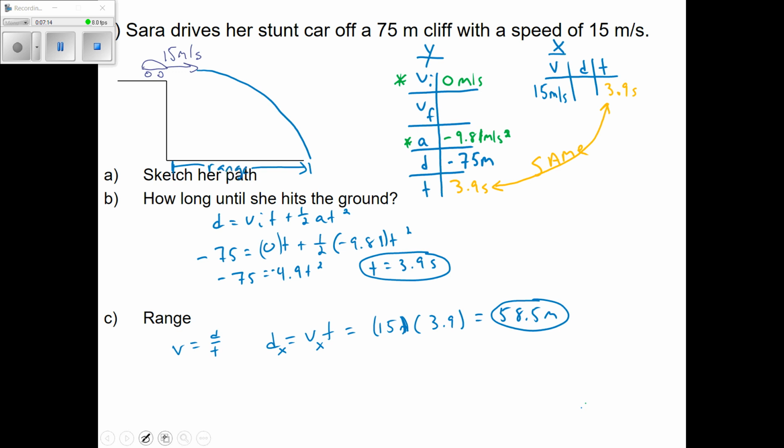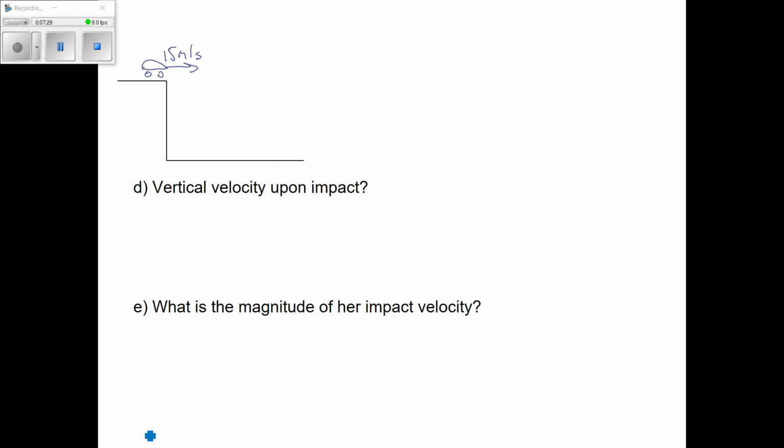So if we could just take a second to go back, I'll put it in a different color. So up here, I should just label them with little y's. This helps keep X and Y information separate. So we're almost done with this typical type of problem. So we want to know the vertical velocity on impact, the Y velocity. So the simplest formula we could use is VF equals VI plus AT.